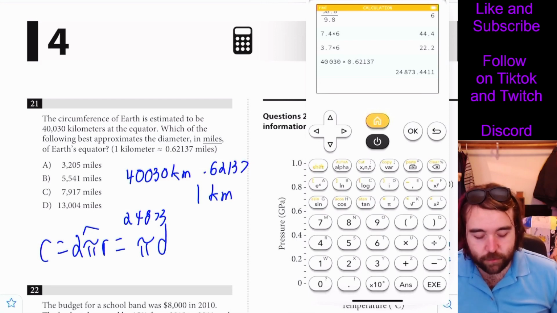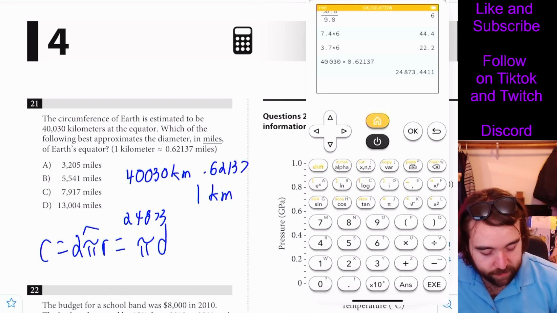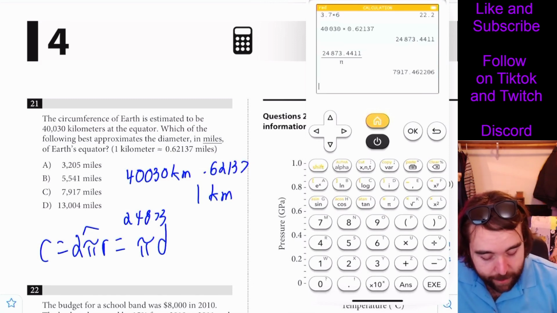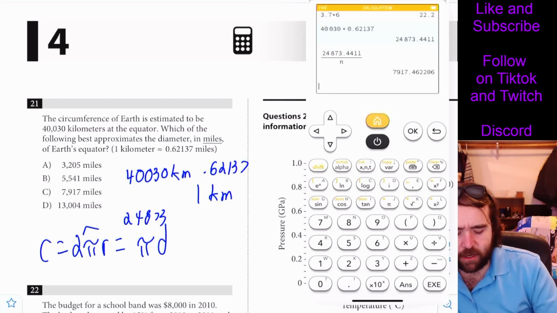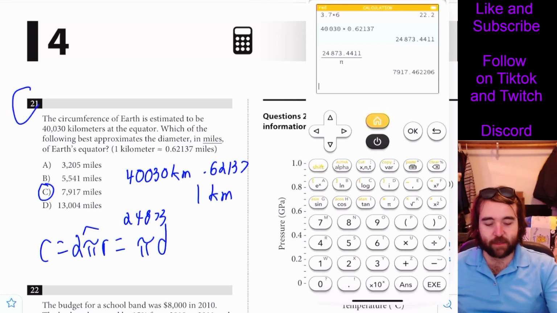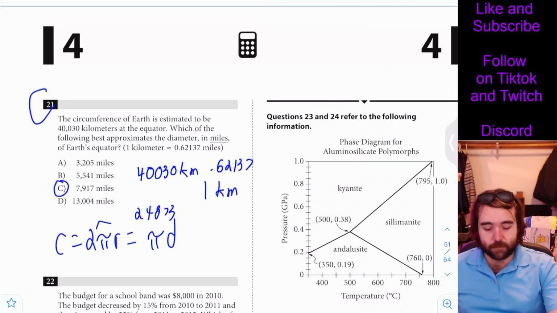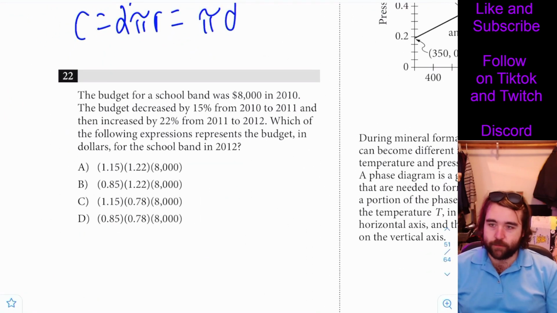The circumference is 24,000. If we divide that by pi, we'll get the diameter. So we'll divide that by pi. That'll get us the diameter. Very, very kind of them. Shockingly kind of them to not put 24,000 as an answer choice. That would have got so many people.